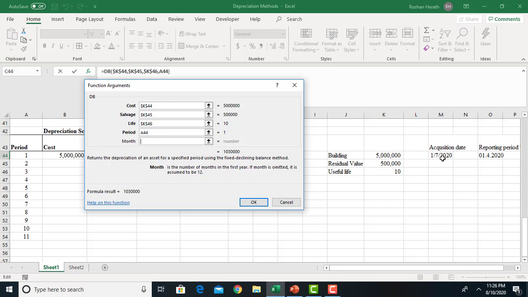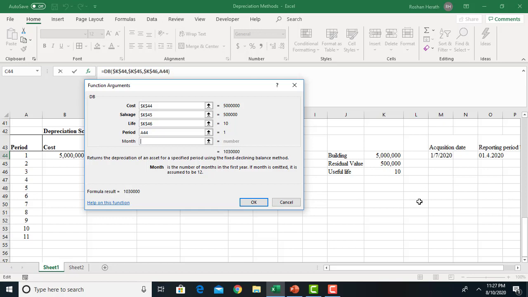So from the acquisition date to the reporting date, you have 9 months in the first year. So you have to feed the month as 9 over here.